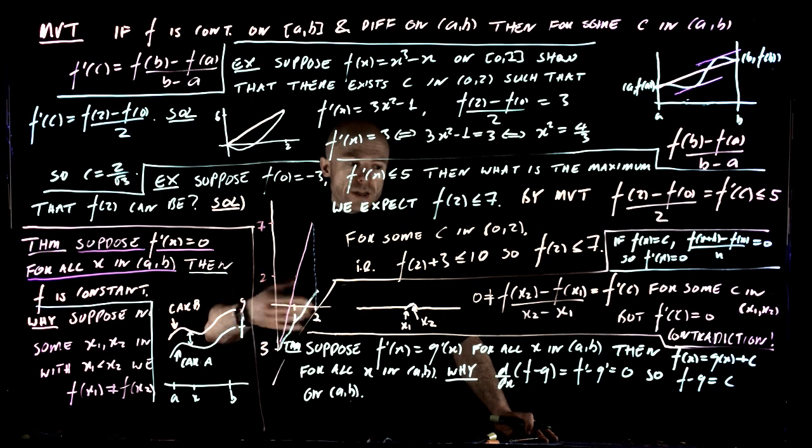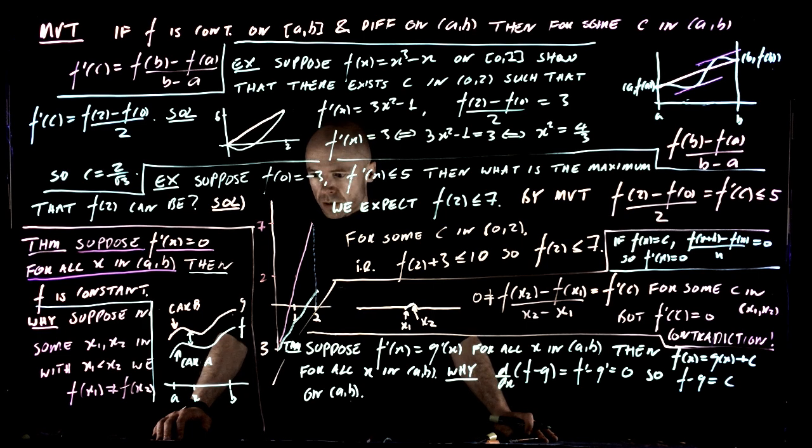If we have two antiderivatives of the same function, then both those antiderivatives have the same velocity, so they must differ by a constant. So this later on is a rather important fact for us, but that's to come later in this course. Okay, so these are all consequences of the mean value theorem.